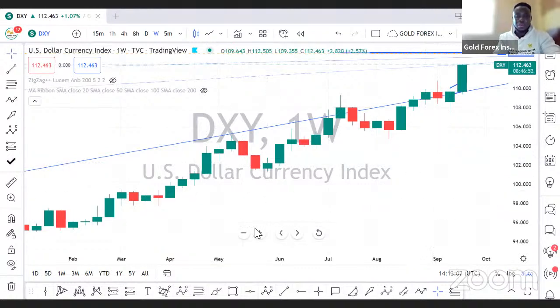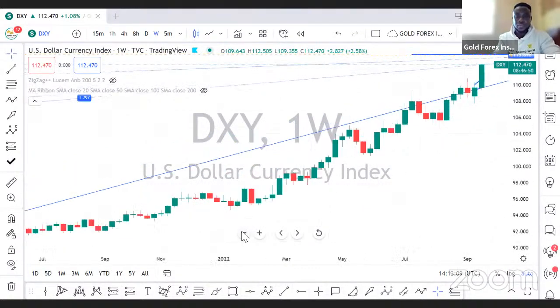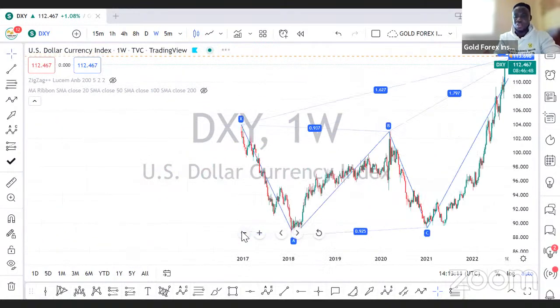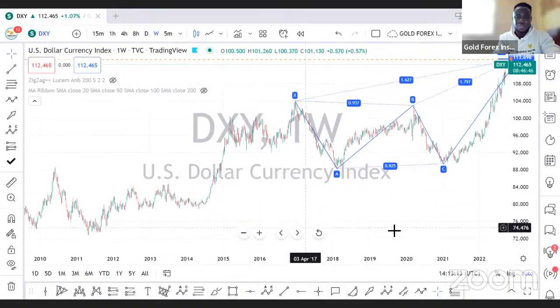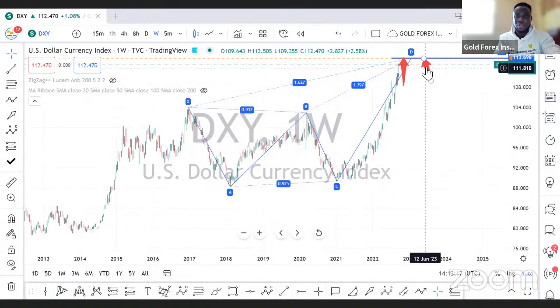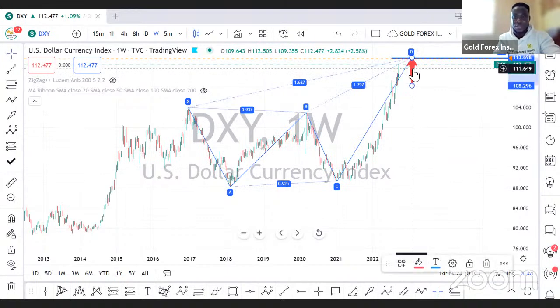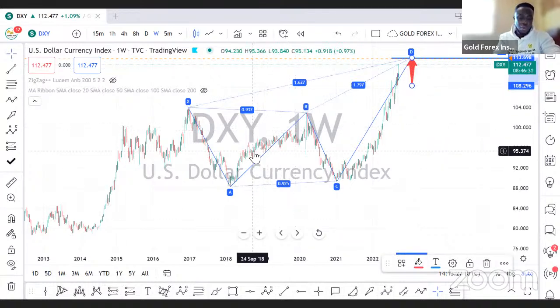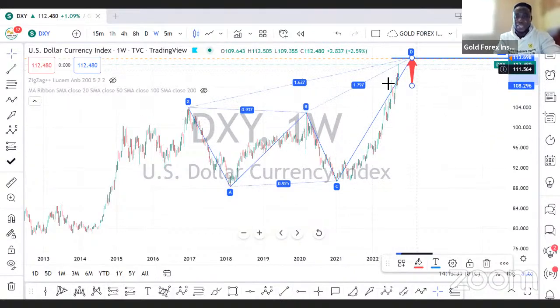Now, when you look at the dollar, those of you who will be doing the STR and move on to the advanced course will have the opportunity to learn the STR strategy based on my 14 years of experience in the market. Everything is poured in there. What we see over here is basically the deep crab pattern.